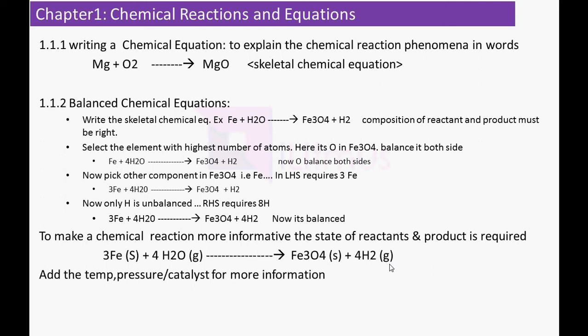Some reactions require some kind of catalyst. So to give complete information you mention it like this. Here you mention states for products and reactants. On the arrow you mention 340 atmosphere, you can mention the temperature, you can mention the catalyst. This is writing a full balanced chemical equation.